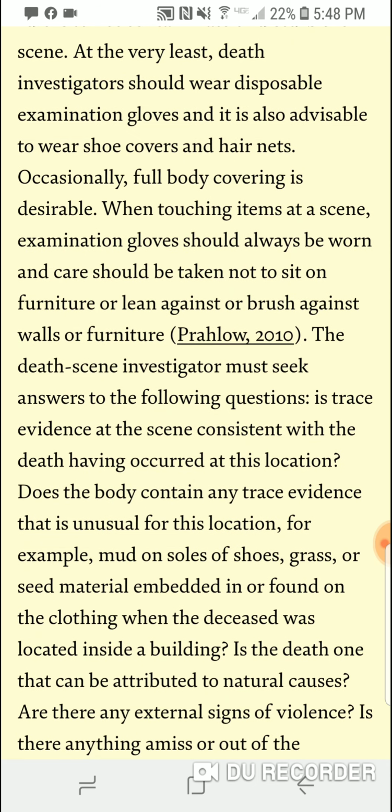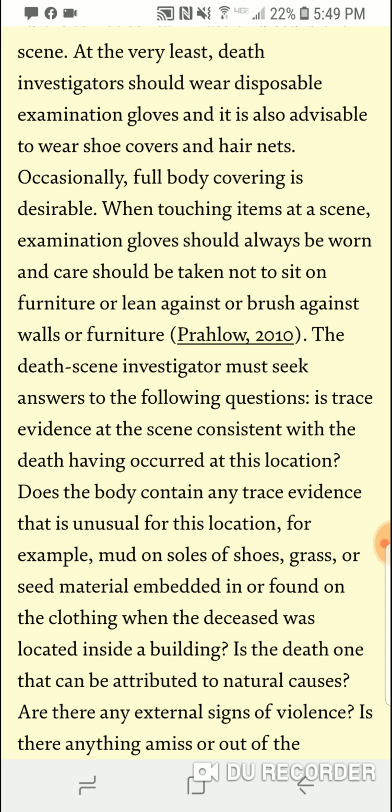At the very least, death investigators should wear disposable examination gloves, and it is also advisable to wear shoe covers and hairnets. That did not happen in this case. Occasionally, full body covering is desirable. When touching items at a scene, examination gloves should always be worn, and care should be taken not to sit on furniture or lean against or brush against walls or furniture.